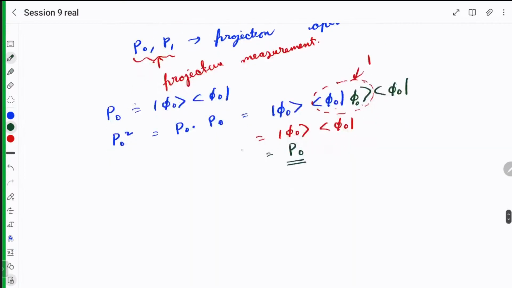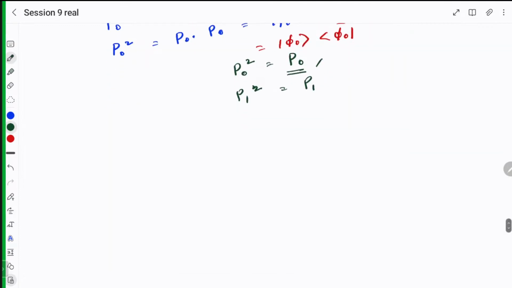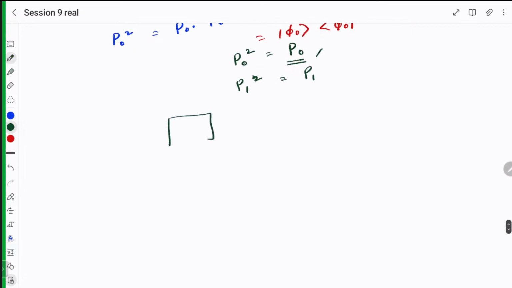So this is one property that we have seen. P naught squared is P naught, and similarly you can show that P1 squared is P1. So what does this mean physically? It means that if you are measuring psi, and P naught acts with some probability, then you get phi naught.